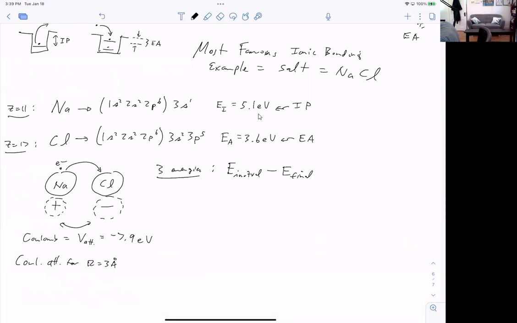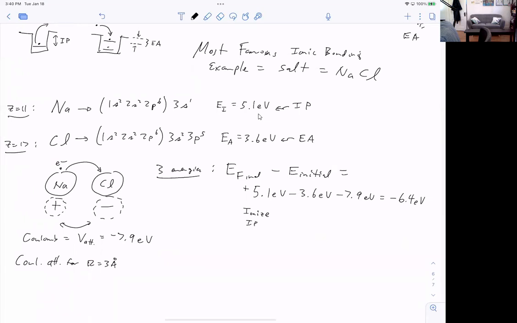Let's do that the opposite way: the final energy minus the initial energy is equal to 5.1 eV minus 3.6 eV minus 7.9 eV, which equals minus 6.4 eV.